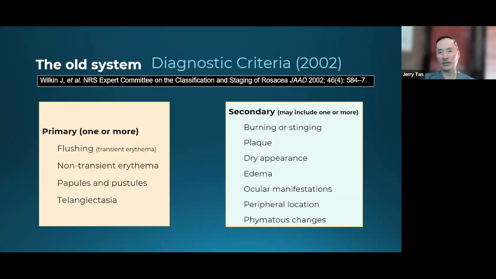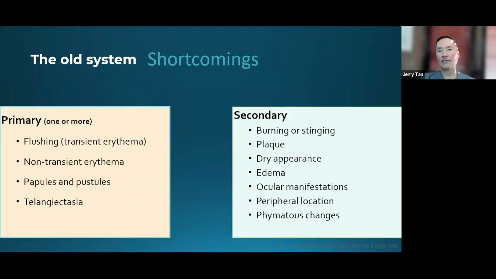Let's look at each one of these and evaluate what their shortcomings are. The first is flushing. It has a low predictive value, and you know that because there are so many other causes of flushing, including emotional flushing, flushing from medications, flushing because of perimenopausal situations.